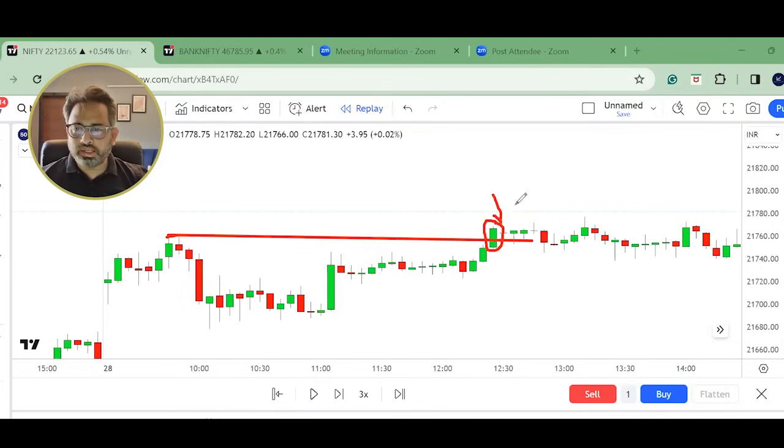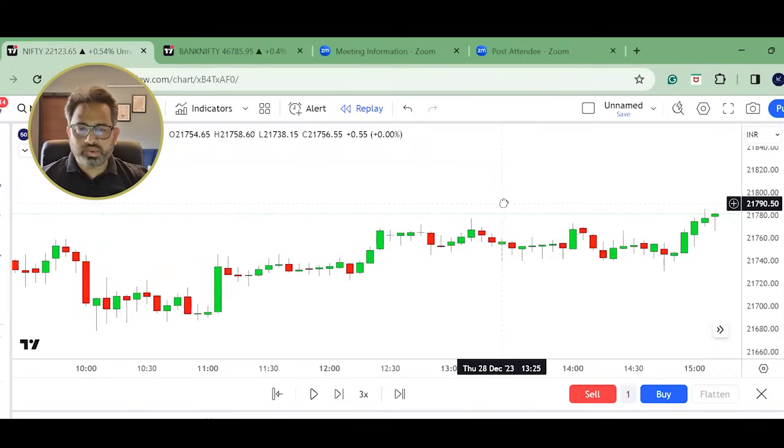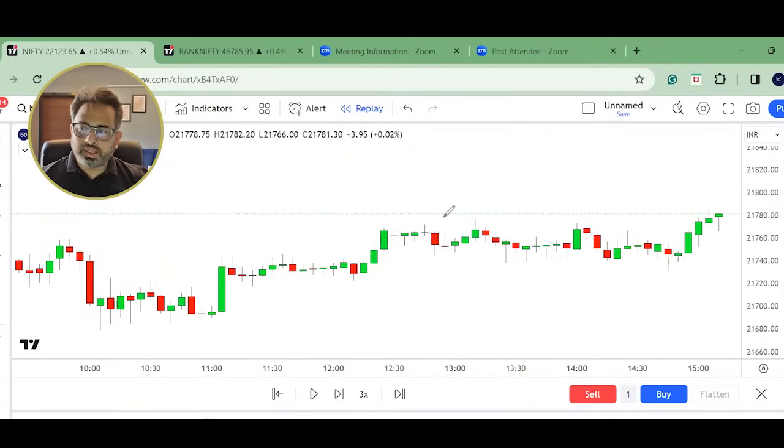Day high was here. The breakout happened here and you went long thinking that the market will go up, but the market didn't go up and immediately started making a bearish candle, and you went short here thinking that it's a fake breakout. But you can see that neither did it go up nor down, and it stayed sideways after that. That means if you went long on this breakout candle, your stop loss would have been hit.